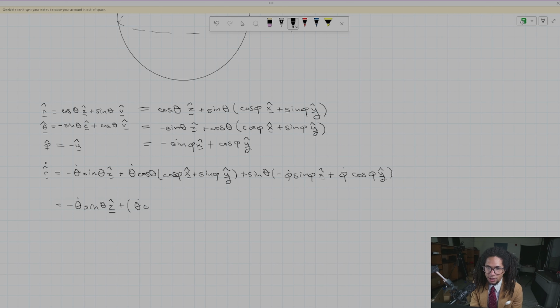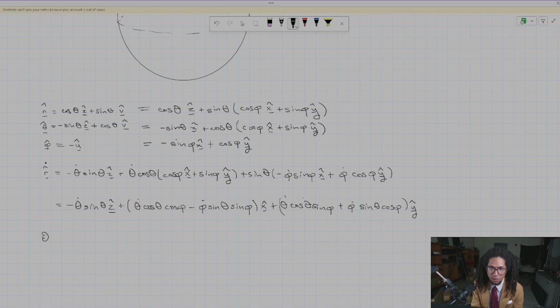So plus theta dot cos theta cos phi minus phi dot sine theta sine phi. Good. That's in the x hat direction. Now in the y hat direction, we have plus theta dot cos theta times sine phi, and then plus phi dot sine theta cos phi.